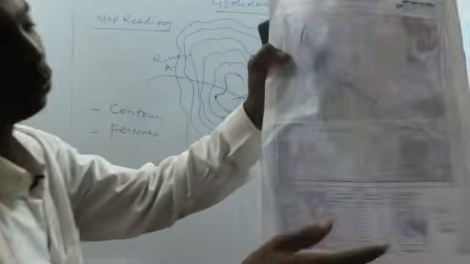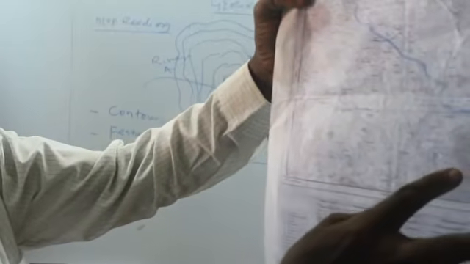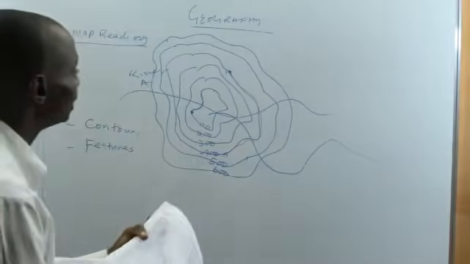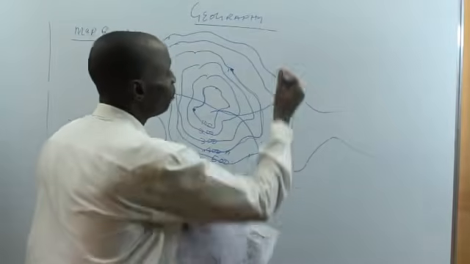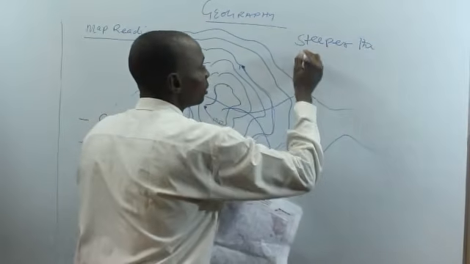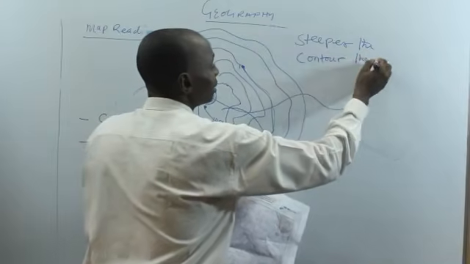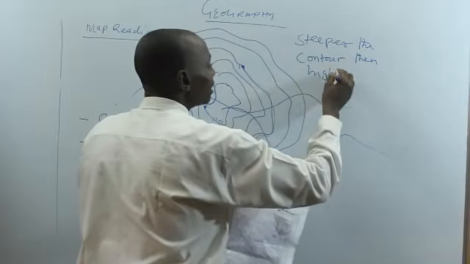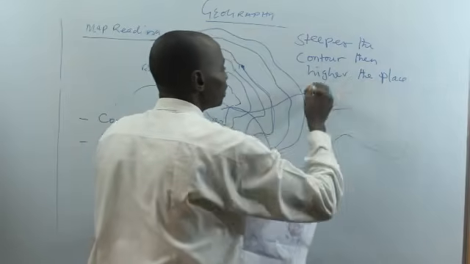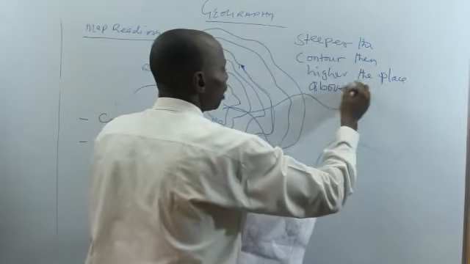If you can see, here is a contour line that is very, very compacted together. Now, the steeper the contour, the higher the place above the sea level.